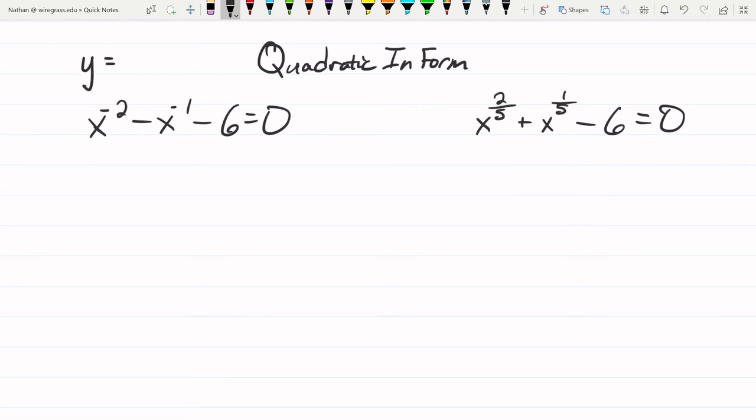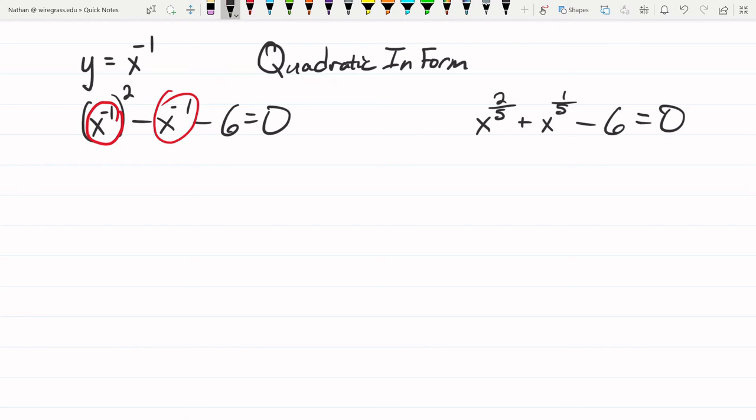I'm going to say y equals x to the -1. So x to the -1 is right here, and then x to the -2 is the same thing as saying x to the -1 squared.